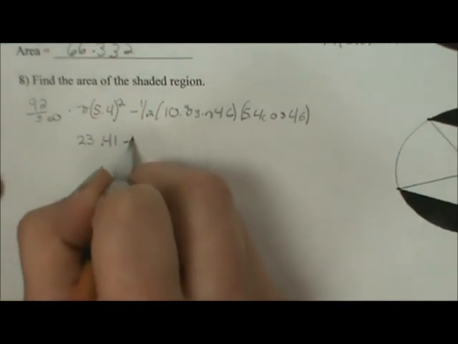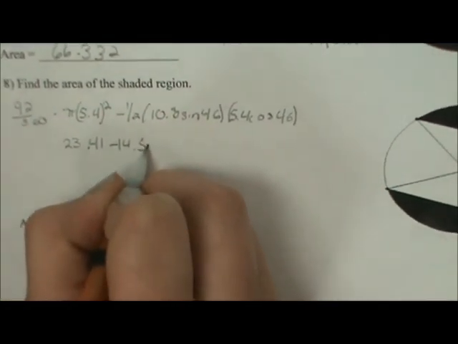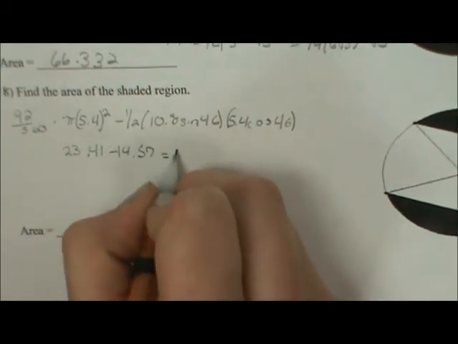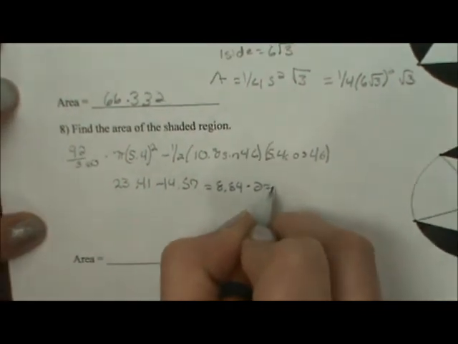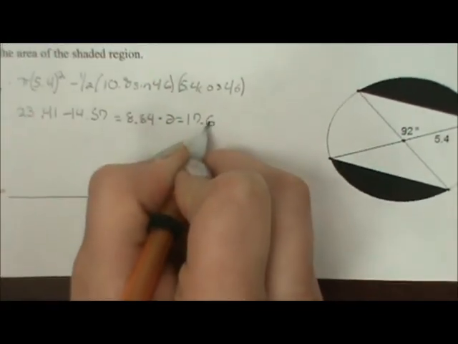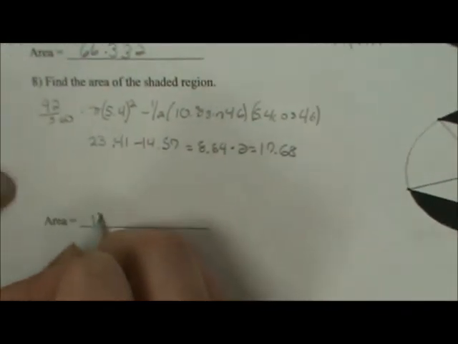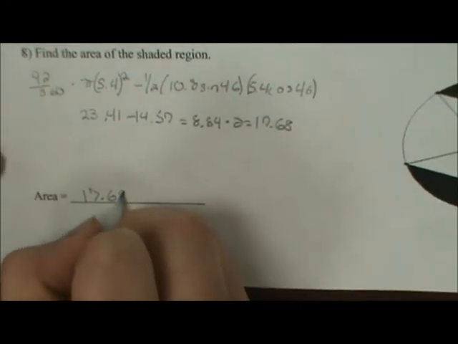Then we have 23.41 minus 14.57 equaling 8.84 times 2, and that equals 17.68, so that's your answer.